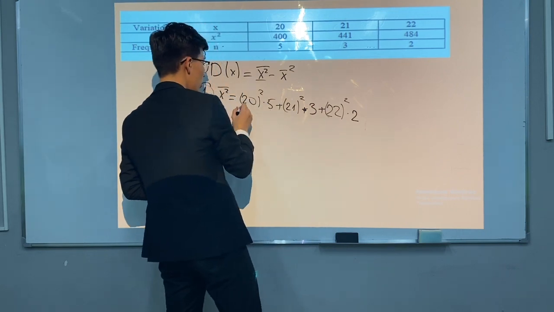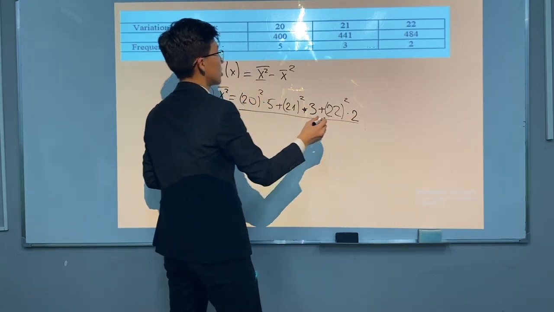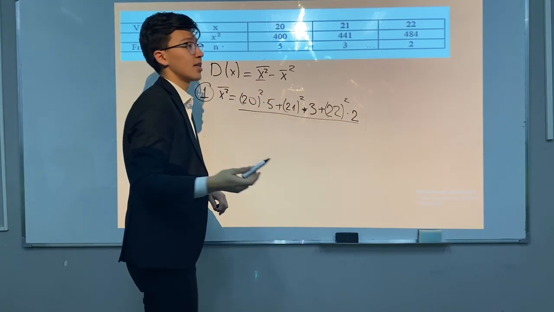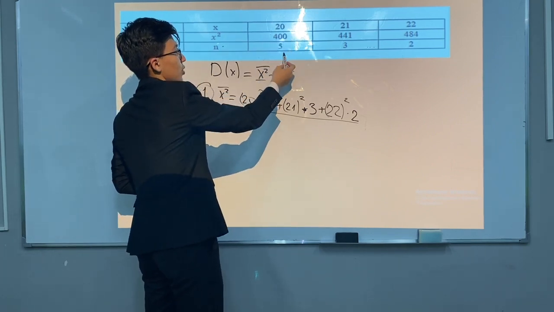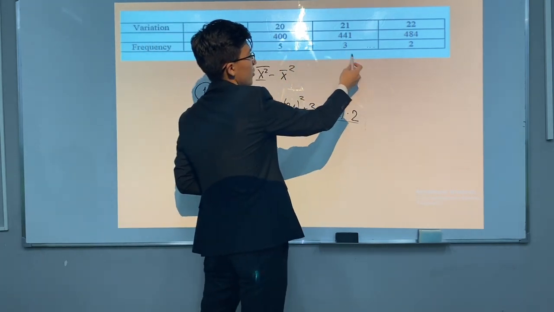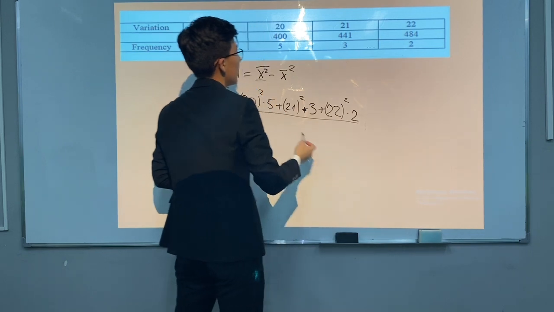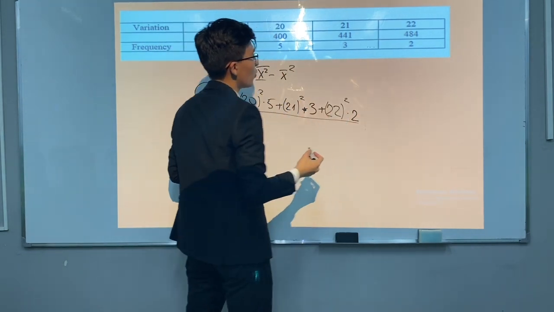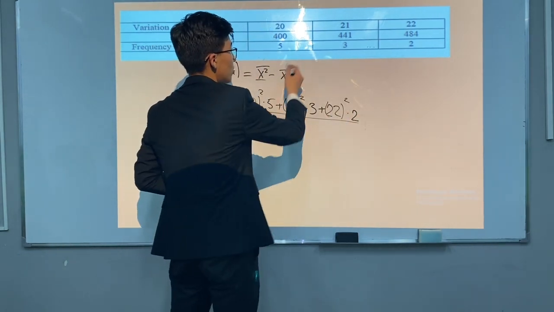And all of this over 10, because 20 is repeated 5 times, 21 is repeated 3 times, and 22 is repeated 2 times, and all of this together equals 10.